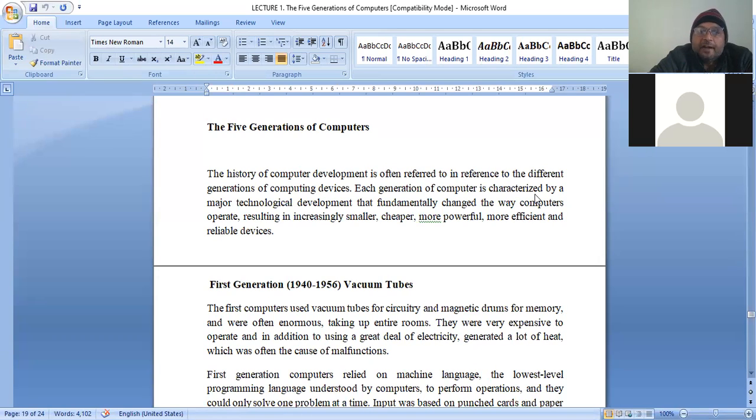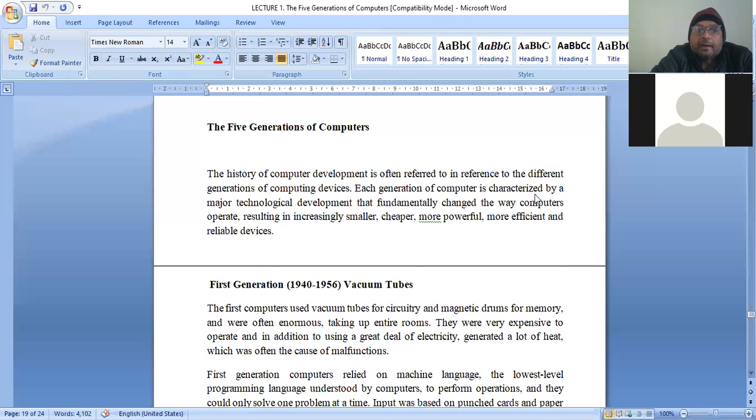So where did this idea of generations of computers come from? It is about what technology developed during that time. The change in the main technology resulted in the different generations of computers. Before, computers were very costly, large in size, and produced more heat.